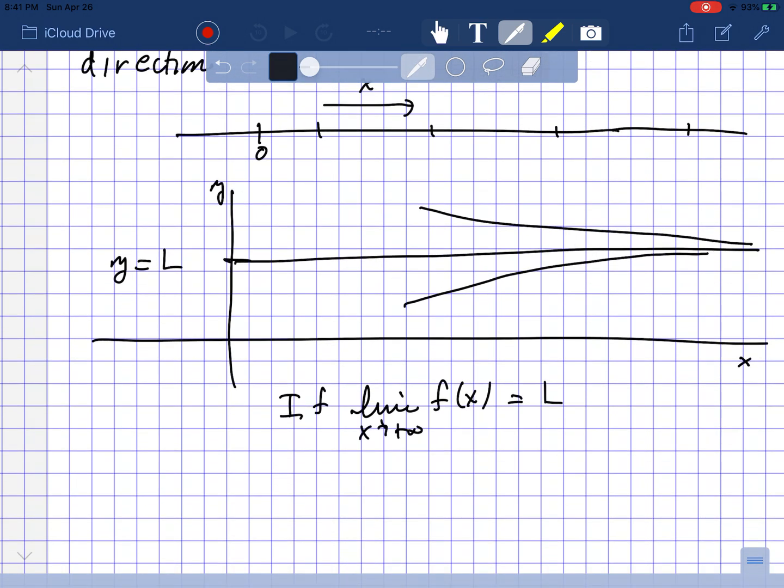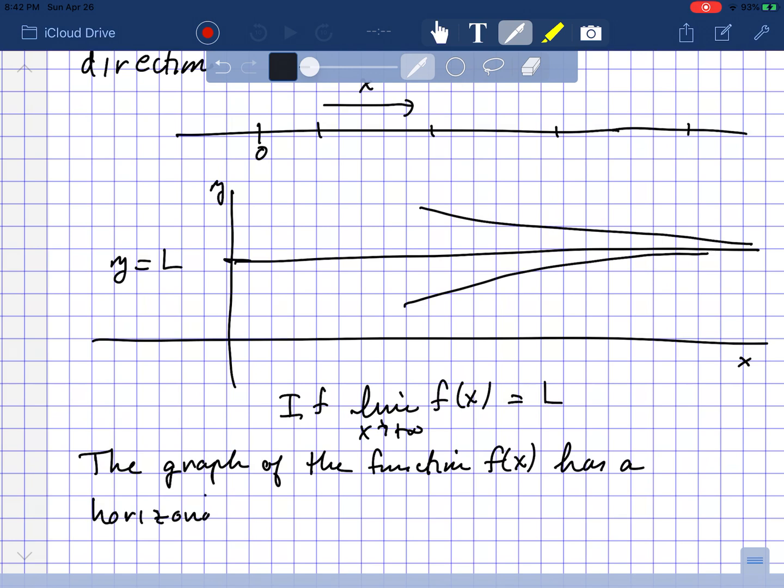In any case, the graph of the function f of x has a horizontal asymptote along the line y equals L.